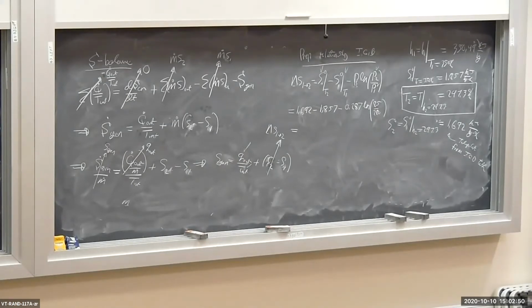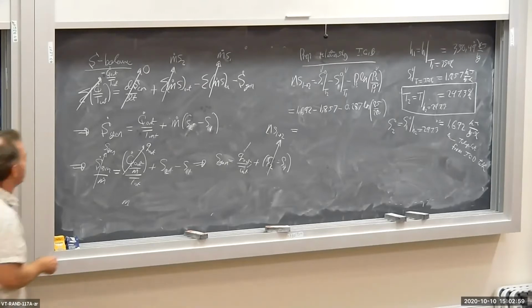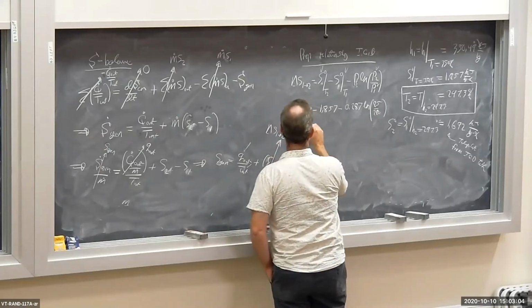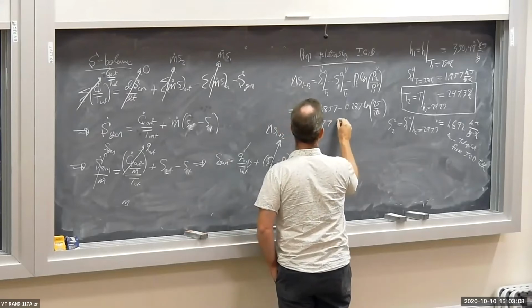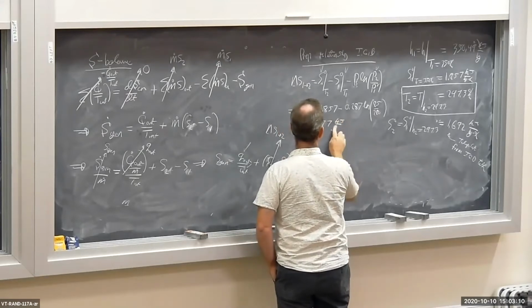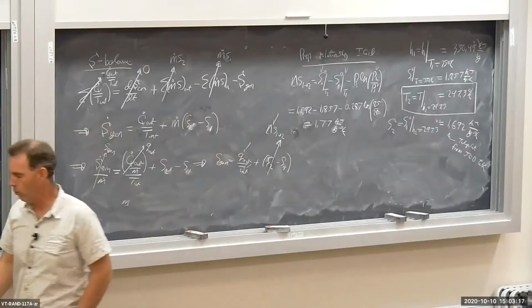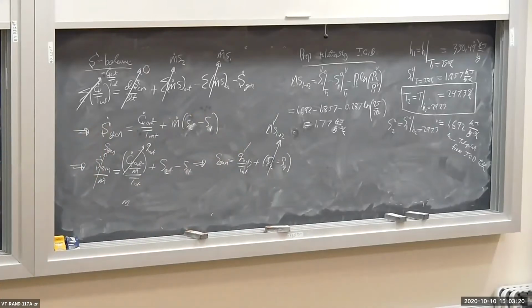Let's see if I have a delta s. 1.77 kilojoule per kilogram degree Kelvin.